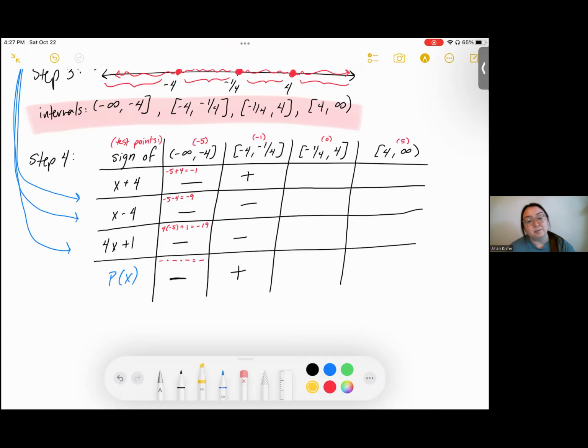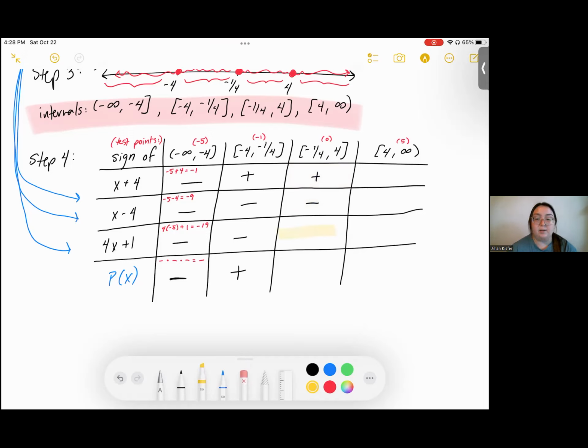All right, moving on to our next column, our next interval, we're using the test point 0. First box here, we've got 0 plus 4, that's +4, that's positive, so we put a plus sign. Next one, we've got 0 minus 4, which is a negative number, so we'll put in a negative sign there.